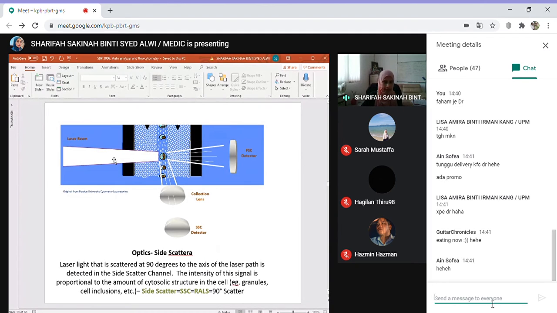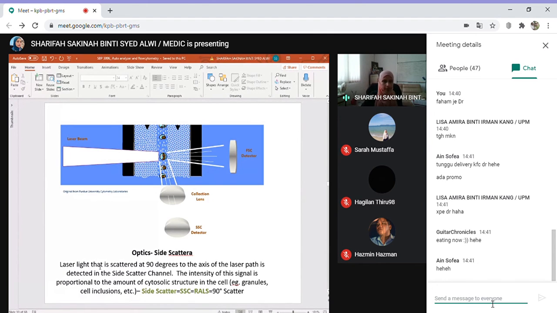Alright, so this is the laser beam. If you look here, the laser beam shoots at a single cell, and then the light will be scattered. This will be forward, and downward will be the side.